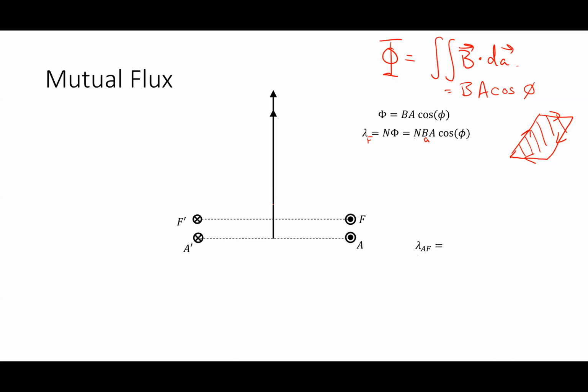Their two normal vectors are totally lined up with each other, so it's maximum. What I would say in this particular case is I would write this as M times IA. M is going to be the term I use for the mutual inductance. I'm going to call this my mutual inductance.